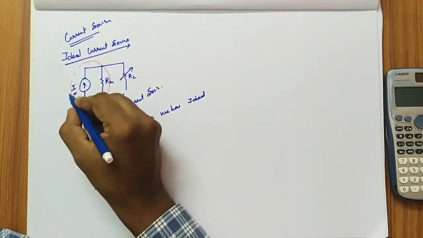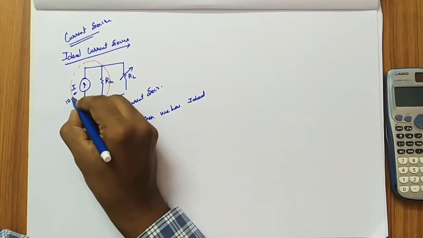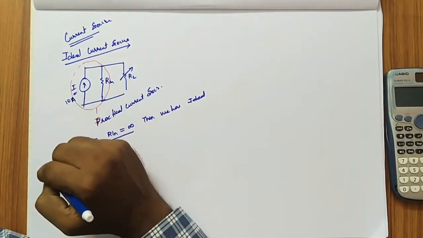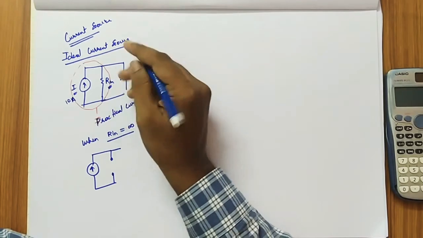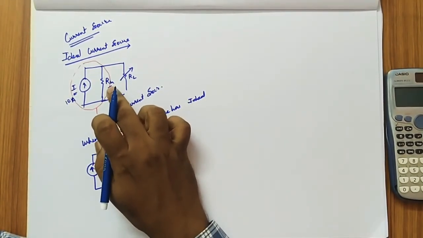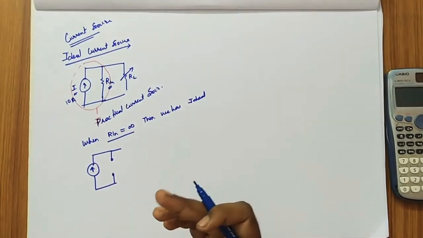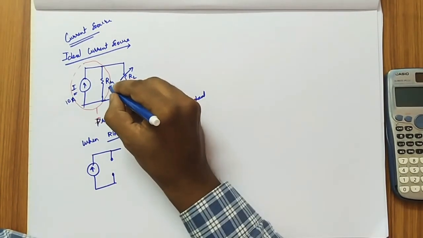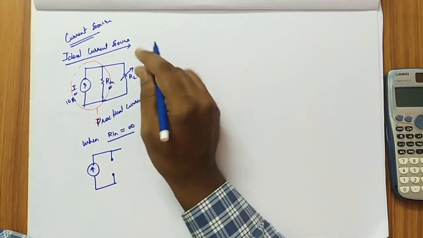Let us say this source is having 10 amps. The current source internal resistance will be high compared to the load.